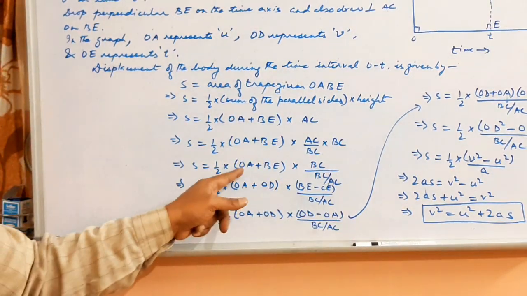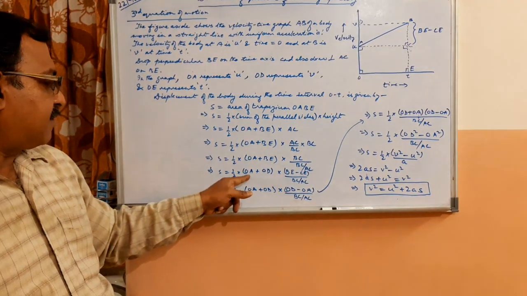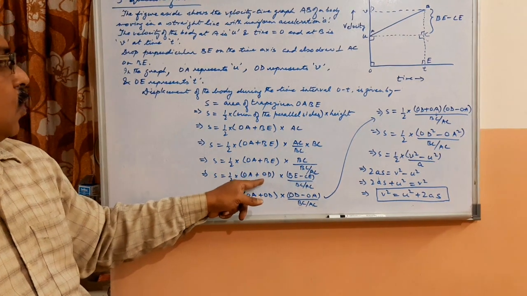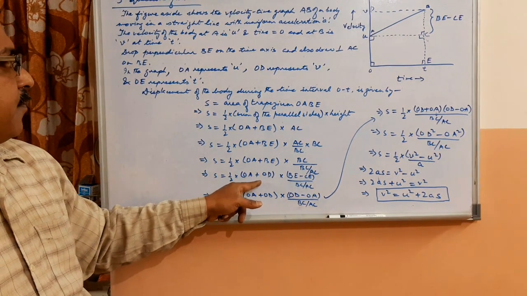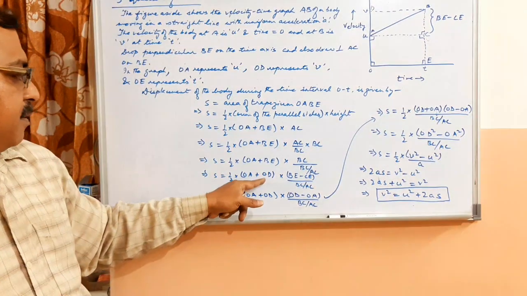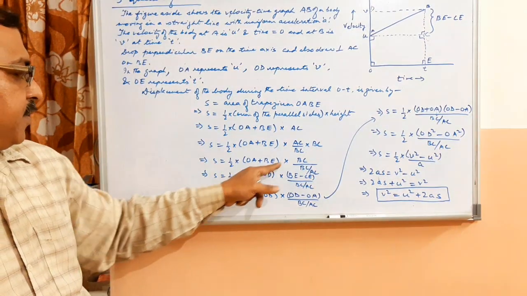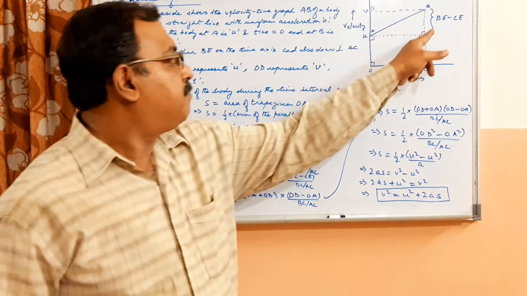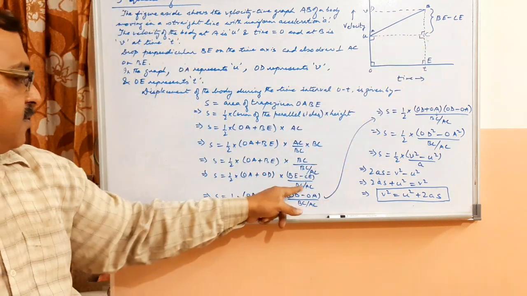So S is equal to half of OA plus BE. OA is represented as OA. BE has been represented by OD, because BE and OD are the same, into, now BC is BE minus CE, by BC by AC.